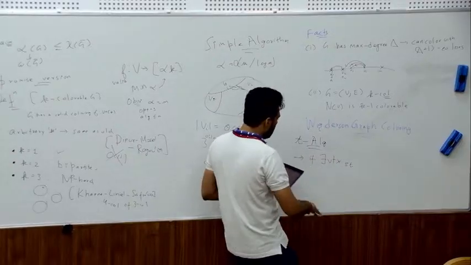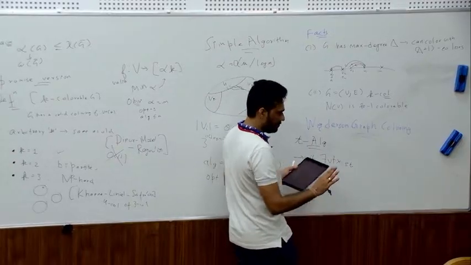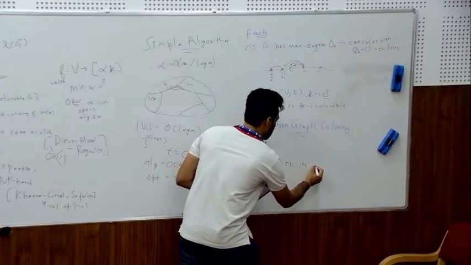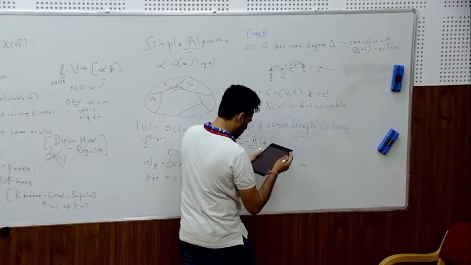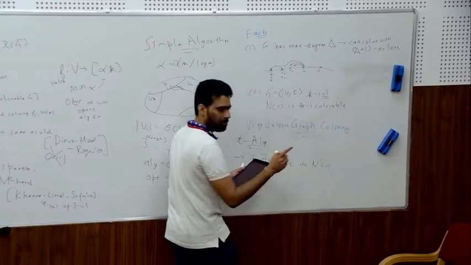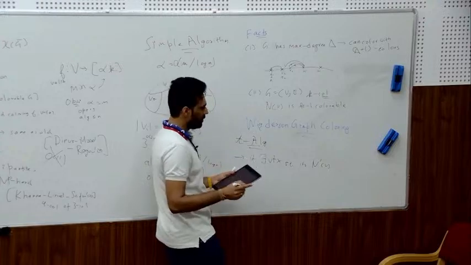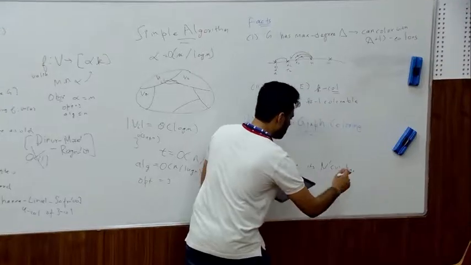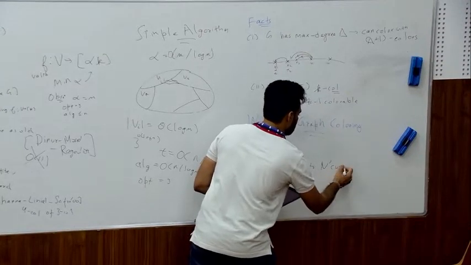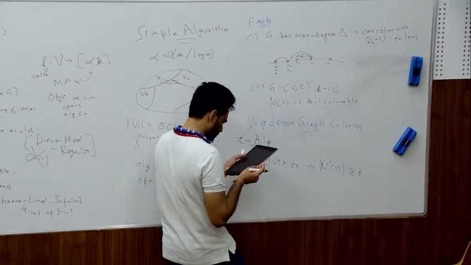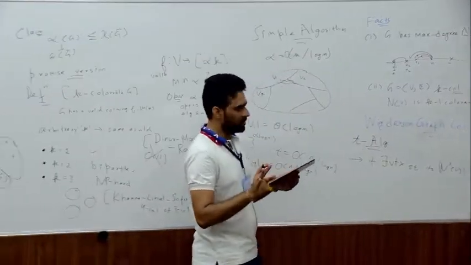We run a loop over those vertices such that its uncolored neighborhood, let me call that N'(v), has size at least t. There are at least t vertices there.